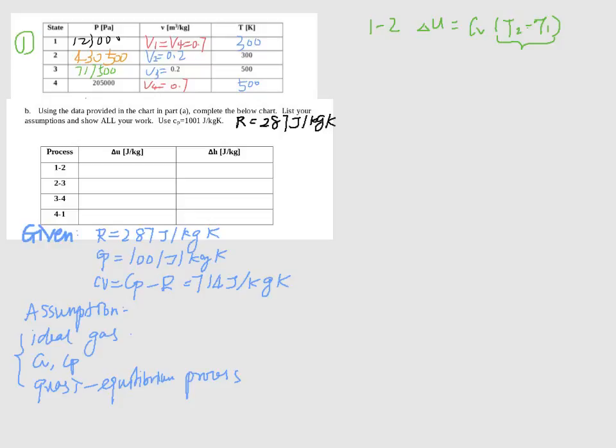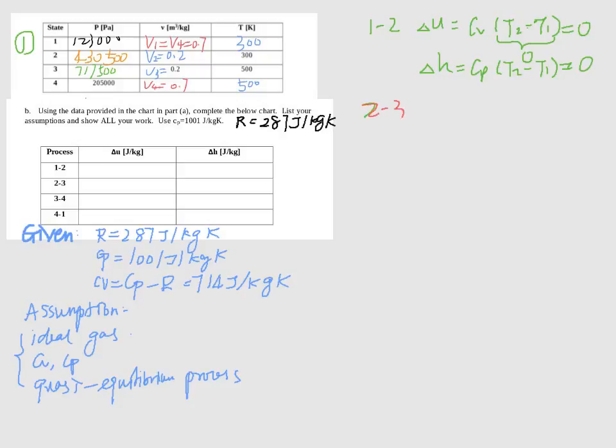So that means T2 minus T1 is 0. So that gives us a 0 internal energy as well. Similarly, for enthalpy, that is Cp delta T, T2 minus T1. So this is also 0. I wish all the processes are like this, right? But no.